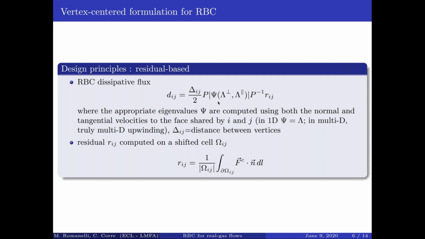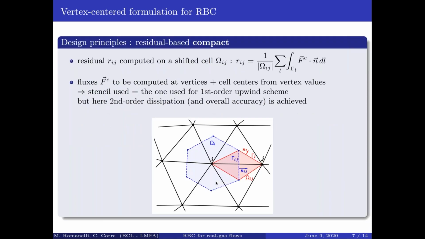I'm not going to detail this. This is well established, and you can extend it without any issue. And the point is, up to now, we've been using states i and j on each side of the edge. And so now we need to build and to compute this residual. And to do this, we're going to compute this on a shifted cell, well chosen. And this I'm going to describe on the next slide.